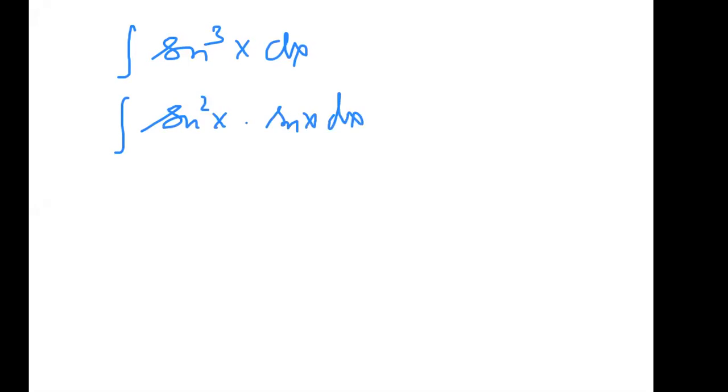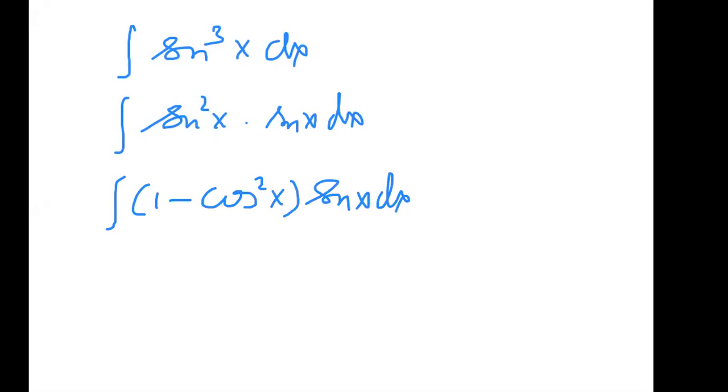Three powers I have made, 2 and 1. In multiplication, powers will get added. So these are 3 powers only. Now, next step will be integral. Sine square x can be written as 1 minus cos square x into sine x dx.